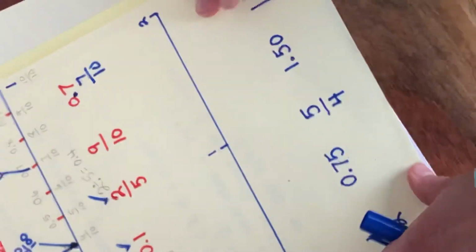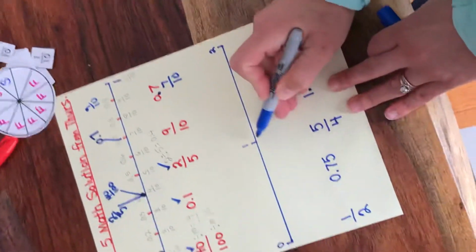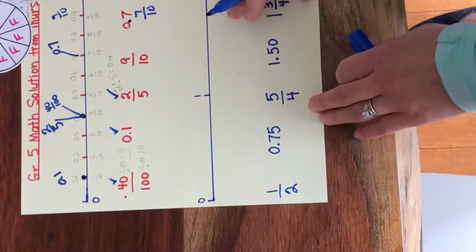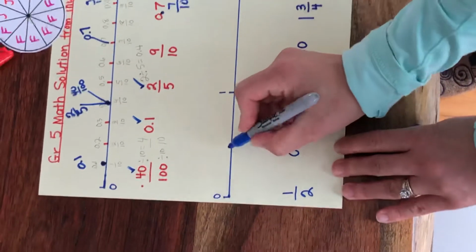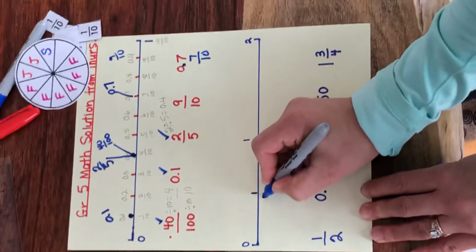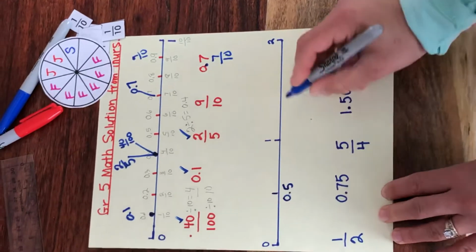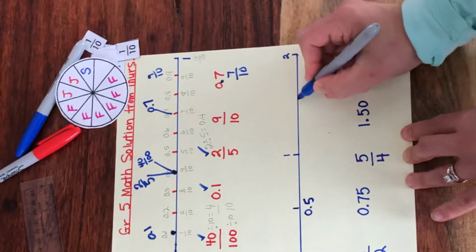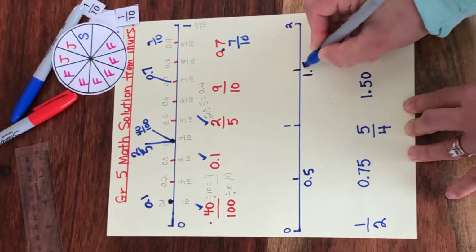Now this number line was divided up into 0, 1, 2. So if I look at this, I would know that the halfway mark is 0.5, and the halfway mark between 1 and 2 is 1.5.